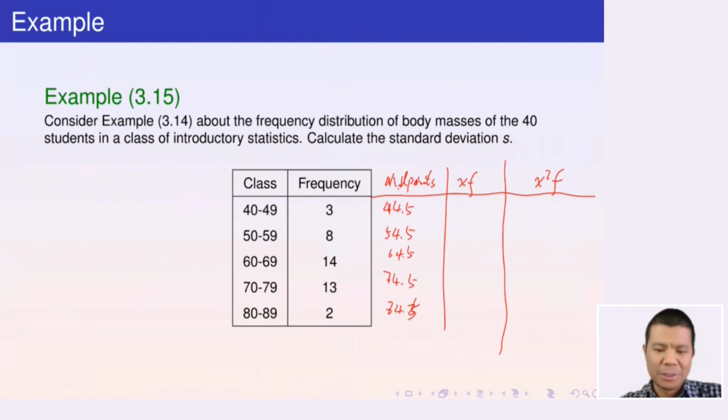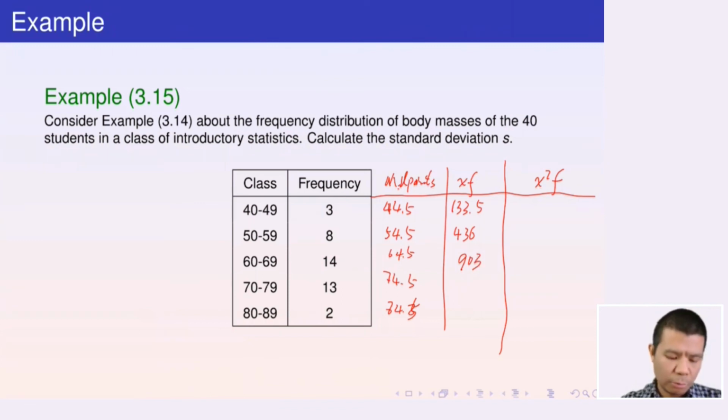Oh gosh. Okay, well, let's just do that again. Here, 44.5 times 3 is 133.5. 54.5 times 8 is 436. 64.5 times 14 is 903.